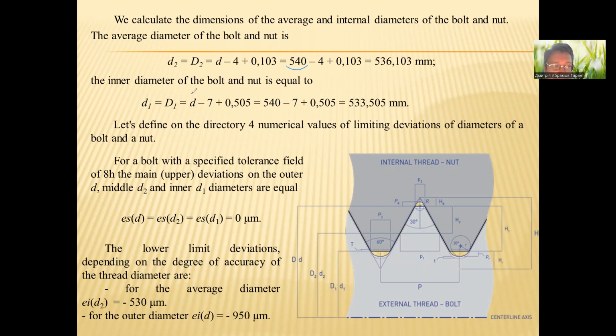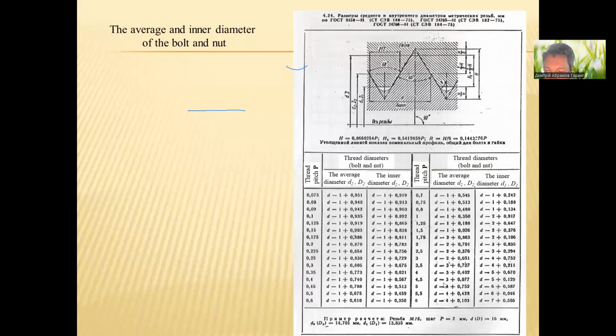The inner diameter of the bolt and nut is equal to D minus 7 plus 0.505. We use the formulas from the previous slide for the inner diameter: D minus 7 plus 0.505, for a thread pitch that equals 6 millimeters.